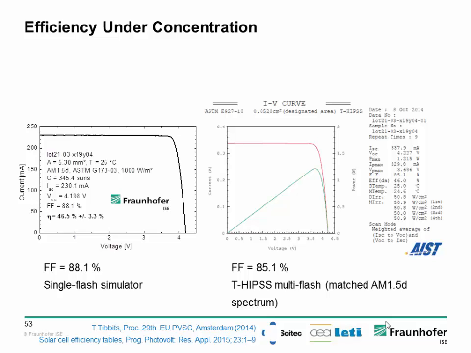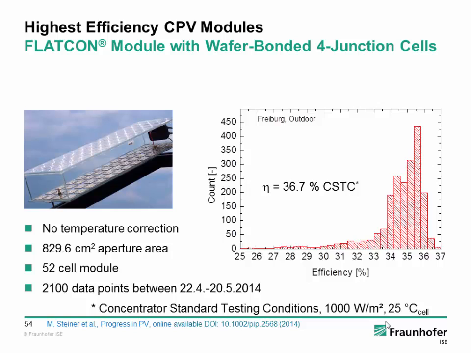I don't have the time to go into the details of the reasons for that. This is really another talk. But we are very happy that the two measurements are very close and confirm that we have realized an efficiency of 46%.